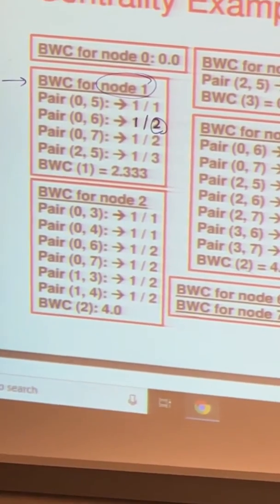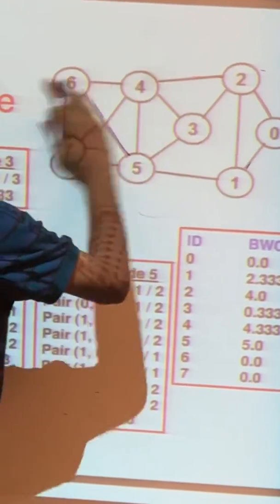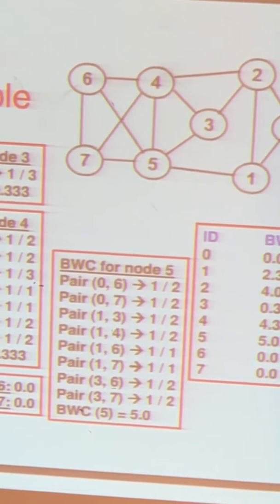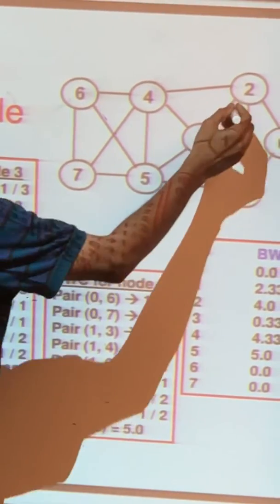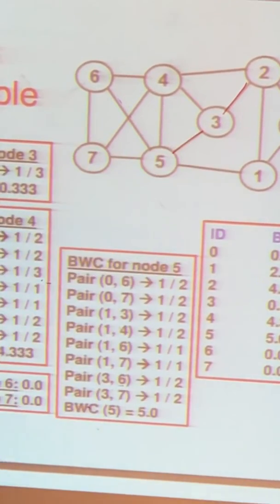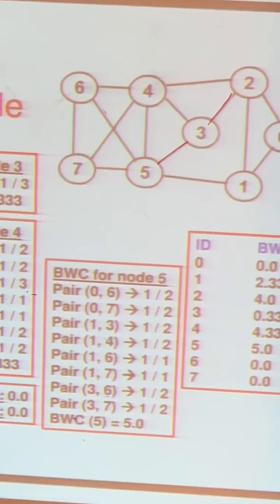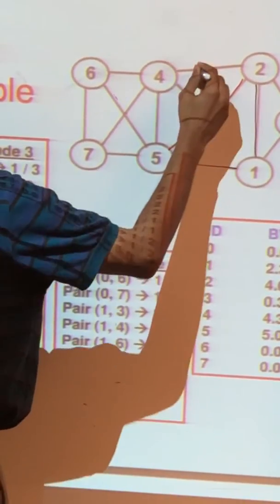Okay? Let us look at the pair 2, 5. Between 2 and 5, how many shortest paths are there? Let us see. There's one shortest path, which is this. And what's the other shortest path? 2, 1, 5. Is there anything else? 2, 4, 5. Good, so there's one more.